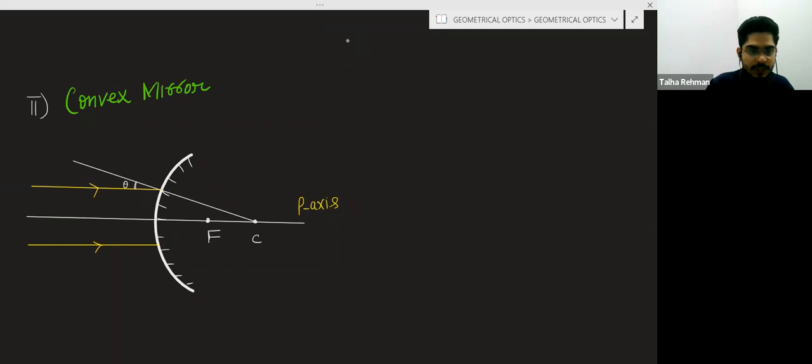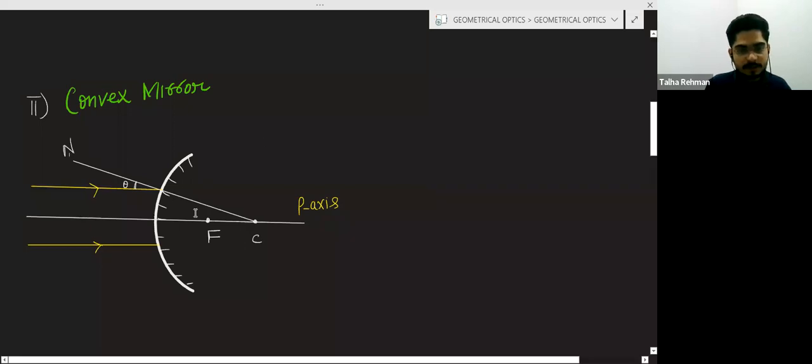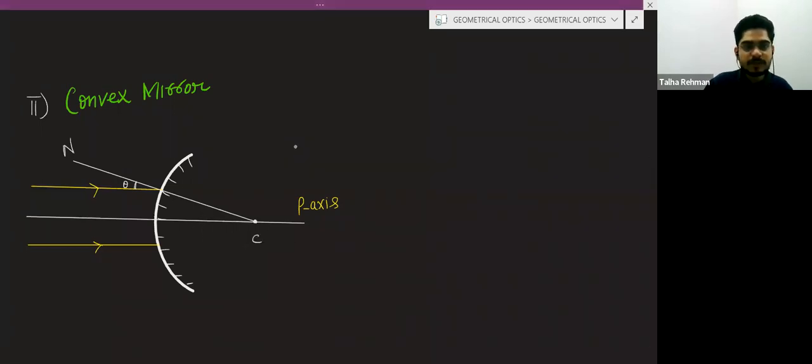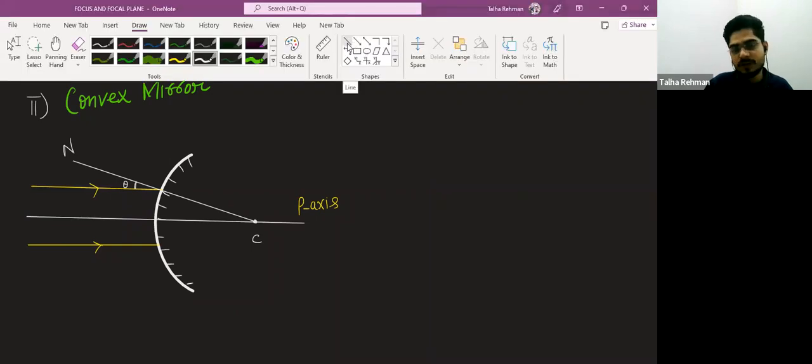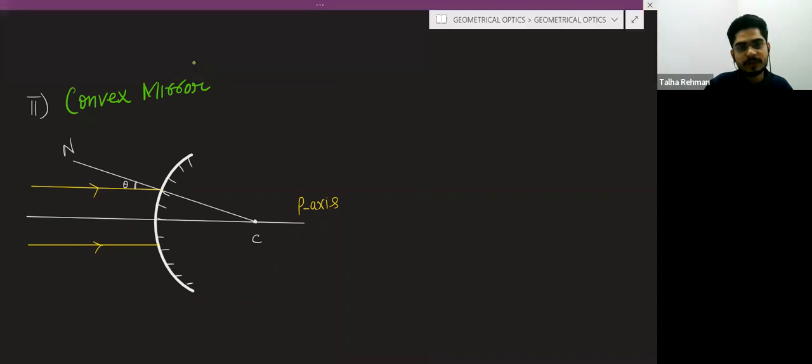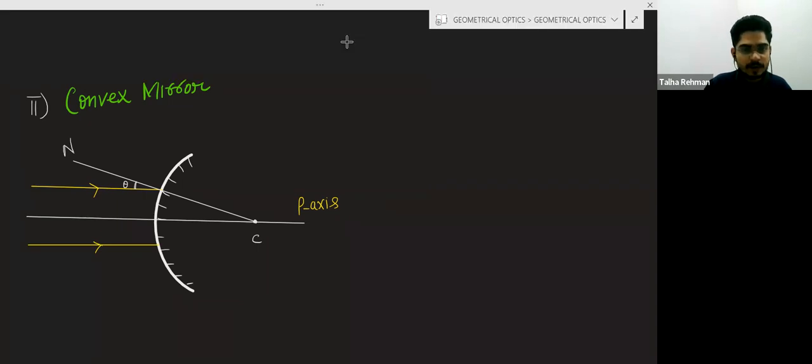Suppose this is theta, and this is the normal. Reflection will take place according to the angle of incidence, so there will be an equal angle of reflection. Suppose this ray is reflected like this.